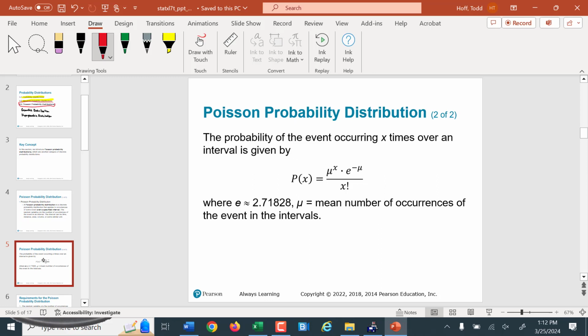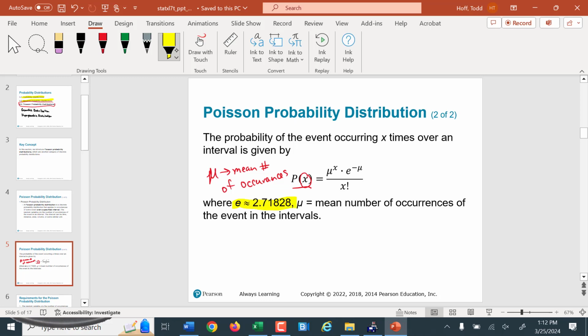The formula for the Poisson probability, the probability of having X occurrences over an interval, is mu, and remember mu is going to be the mean number of occurrences over that interval, to the power of X times E, where E is a natural constant.